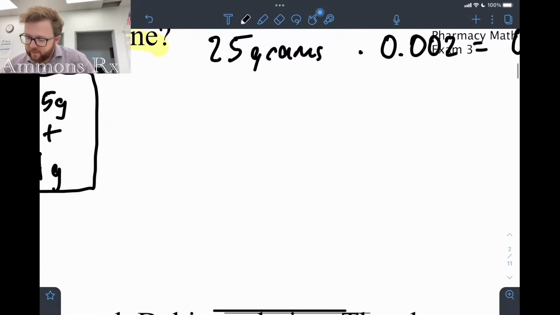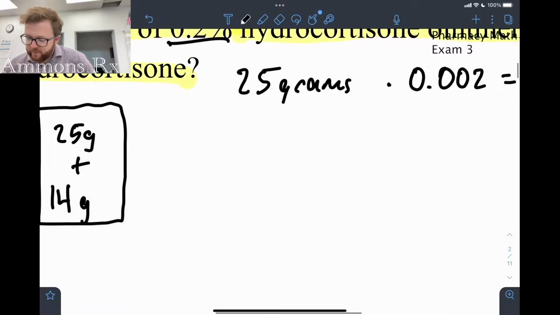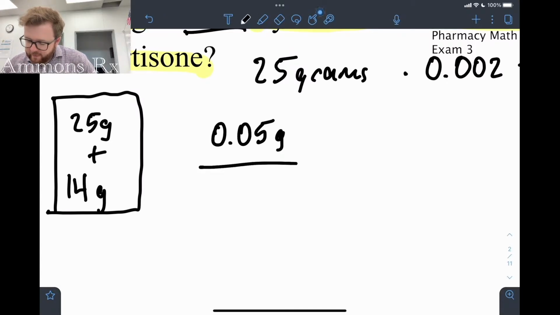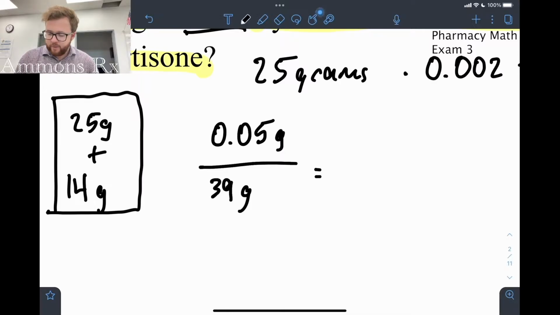So now we have our 0.05 grams of hydrocortisone in how many grams? 25 plus 14. That is 39 grams. So now what we need to do is figure out what percentage of hydrocortisone there is per weight of drug. So it's literally 0.05 divided by 39 times 100.